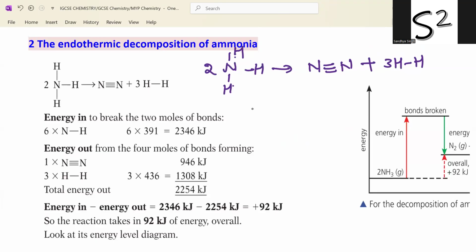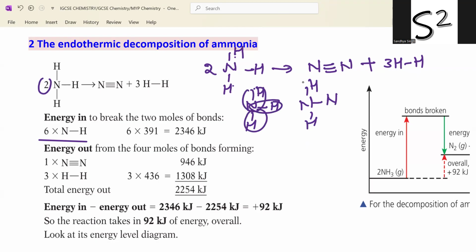So energy in to break the 2 moles of bonds is 6 multiplied by the nitrogen-hydrogen bond energy. I hope you understood that these are 2 moles. We can see here 6 bonds, 1, 2, 3, 4, 5, 6.